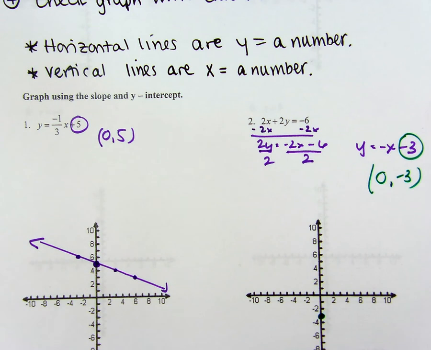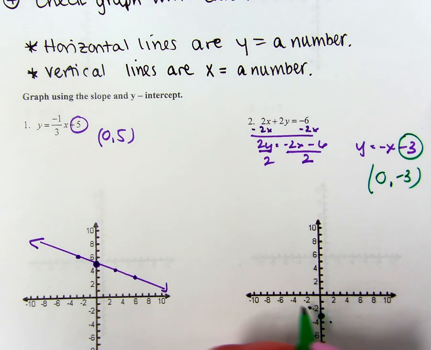My slope is -1 over 1. So I go down 1 over 1, and up 1 to the left 1, continuing to -4, -5.